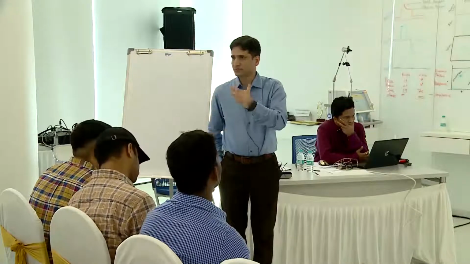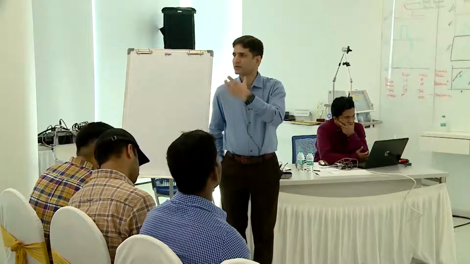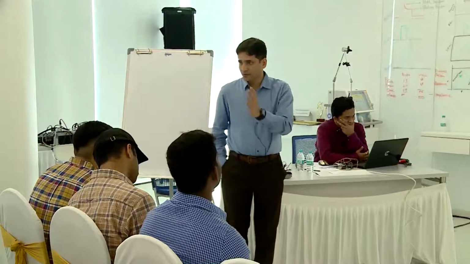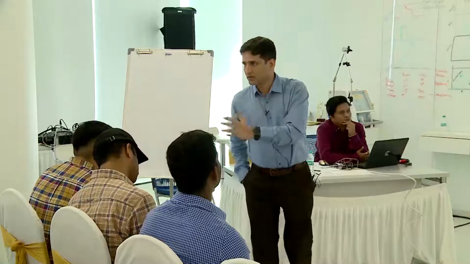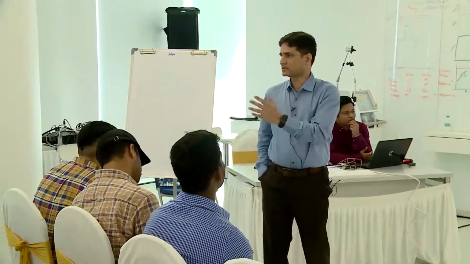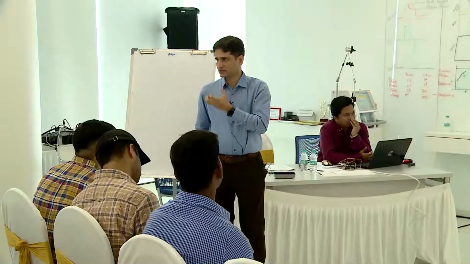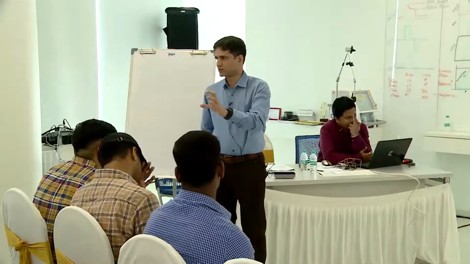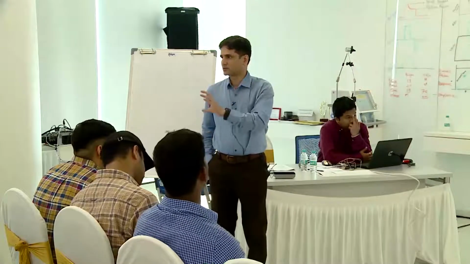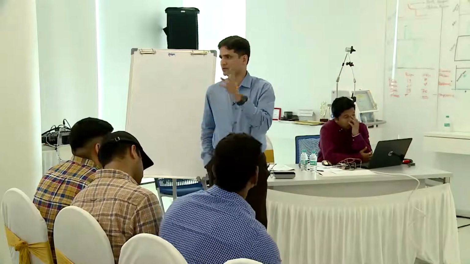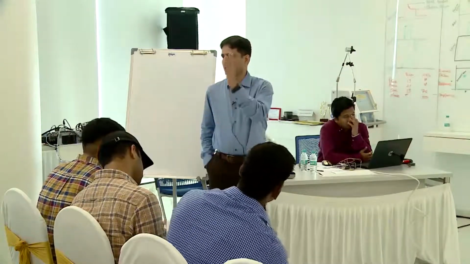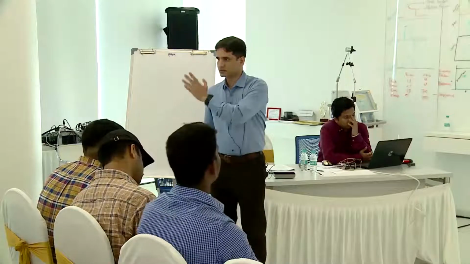Spontaneous mode means the patient is taking the breath by himself. In between there is another mode called assist control mode. Assist control means the patient will initiate a breath and the machine will support the breath.